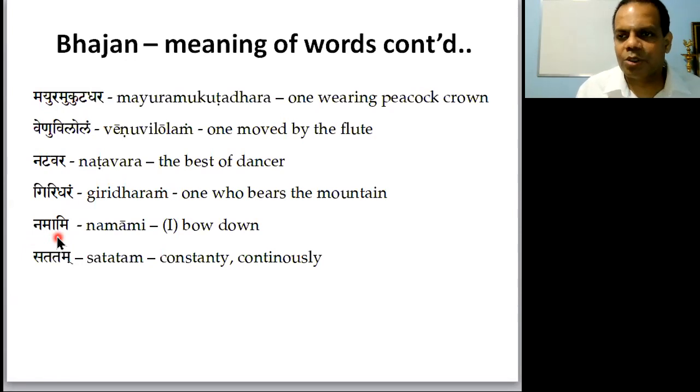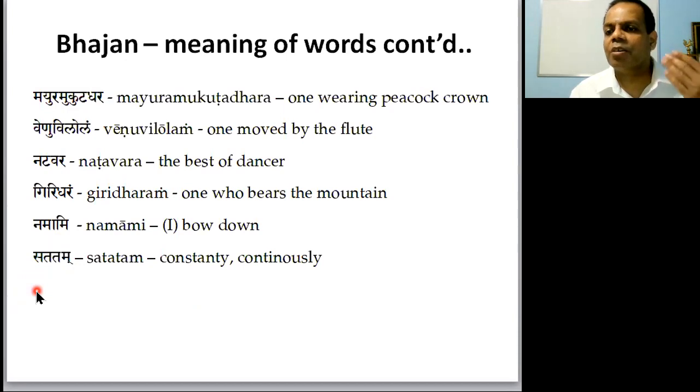So I bow down to that Krishna whom we have described with all these words so far. Satatam means constantly, always. Okay. Satatam. Namami satatam. I always, continuously, worship him, I bow down to him. Okay. So that is the meaning of the bhajan.